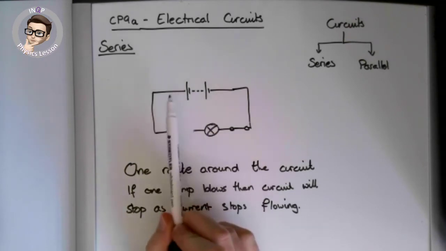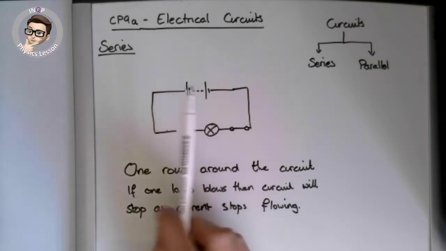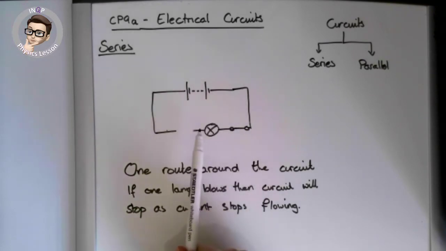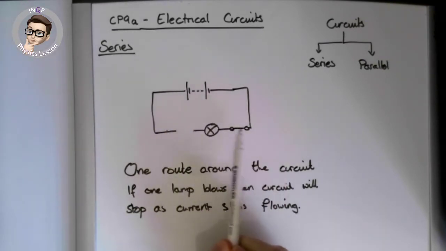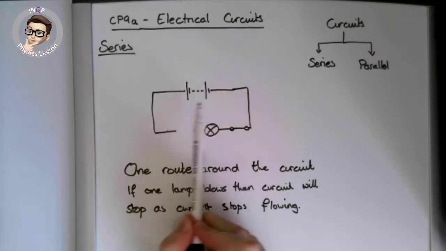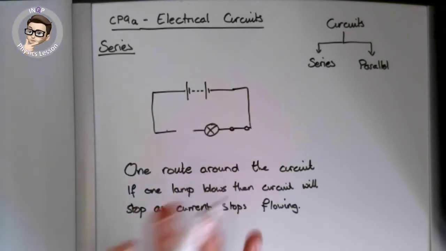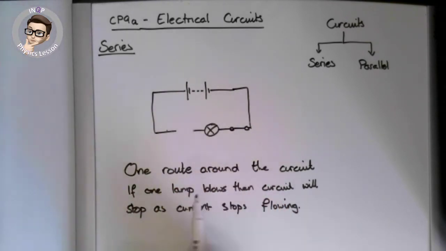No matter how big the potential difference is, those electrons stay stationary and can't jump the gap. And the same for the switch. If I open the switch, no matter how much potential difference I push from my battery, my electrons won't be able to jump that gap. Now there's a caveat to that, but let's leave it as is. That's what we need to understand so far. Later on in the topic, we might explain that in more depth.